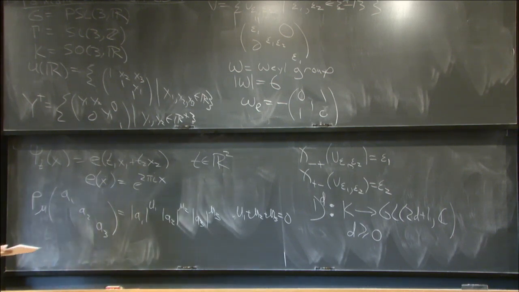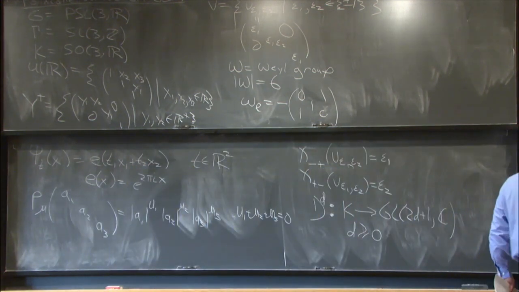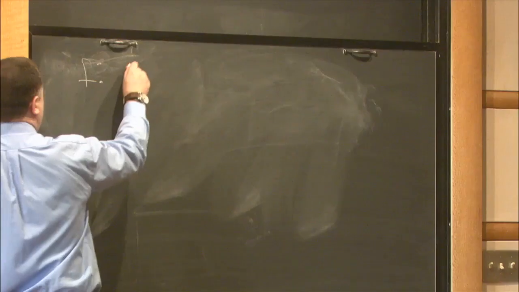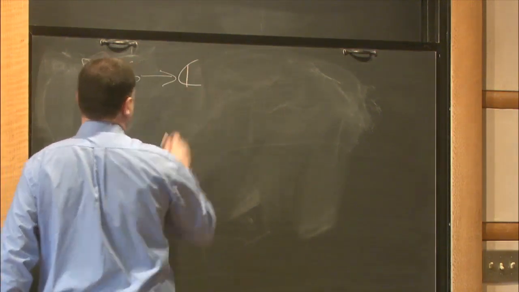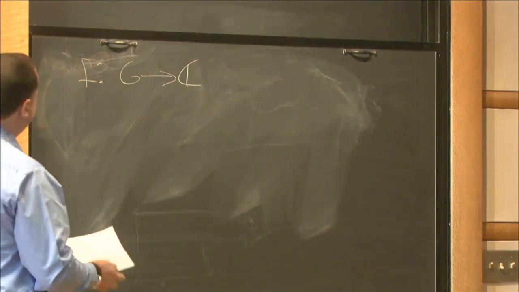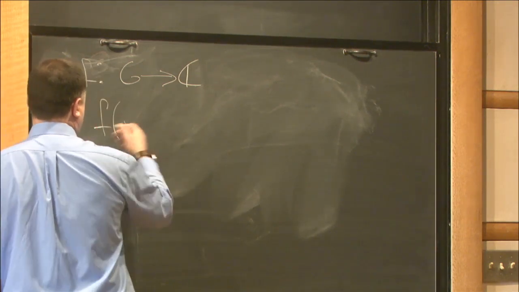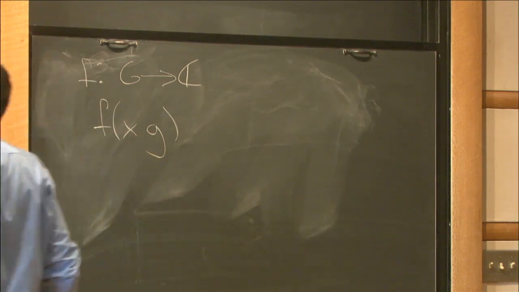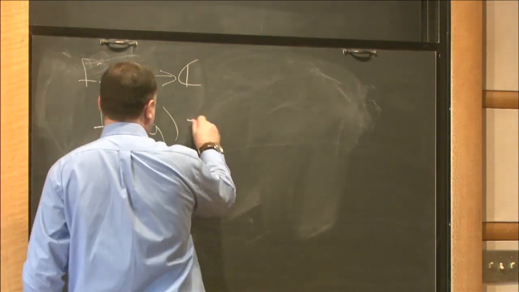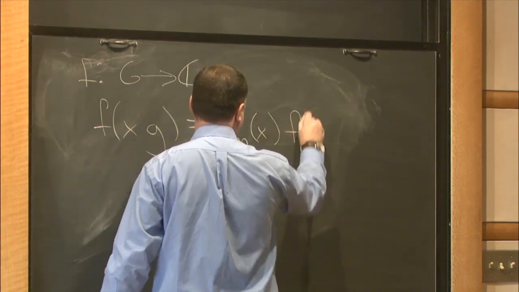With these things, I can define a Poincaré series. If you give me a function, for a moment, let's say it's scalar valued, but eventually I'm going to talk about vector valued functions here. I would like this function to satisfy that on the left-hand side, if I put one of these elements of U of R in there, it should transform by psi m of x f of g.